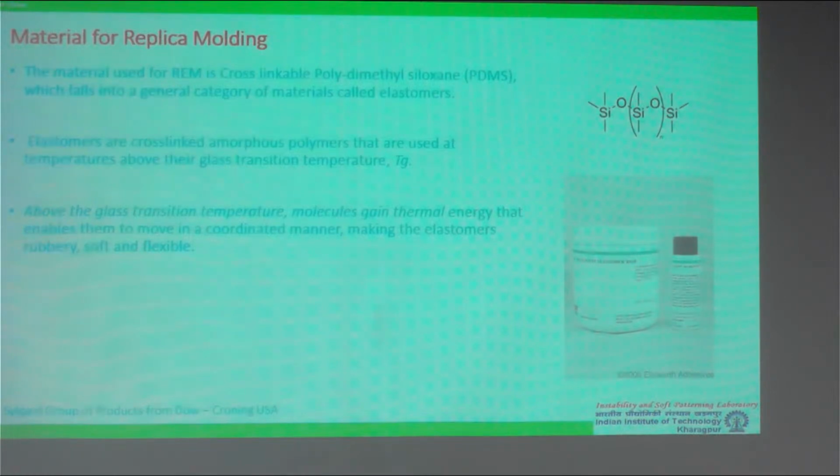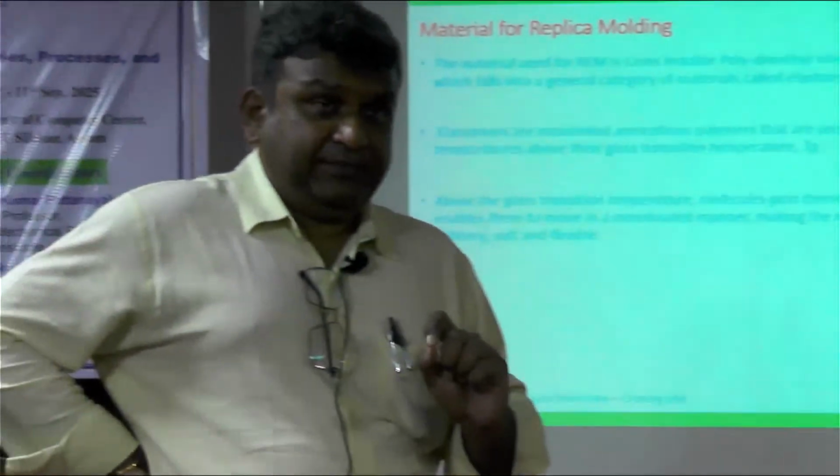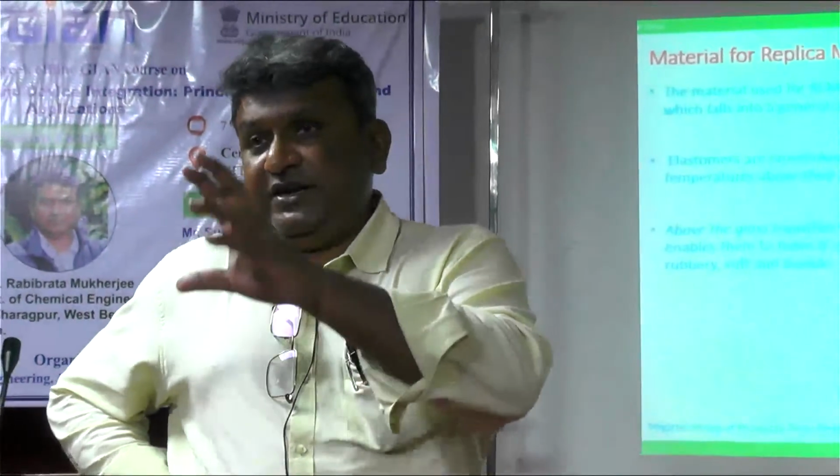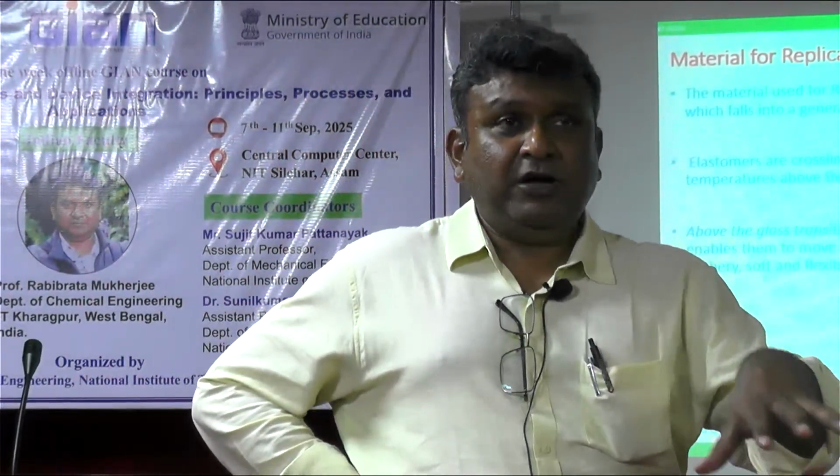Amorphous means the molecules are random, but at room temperature their viscosity is so high that the molecules cannot change their relative position. Therefore it behaves like a solid. So what is the distinction between a solid and a liquid? We all know that a solid has a definite shape and a liquid takes the shape of the vessel you pour it in.